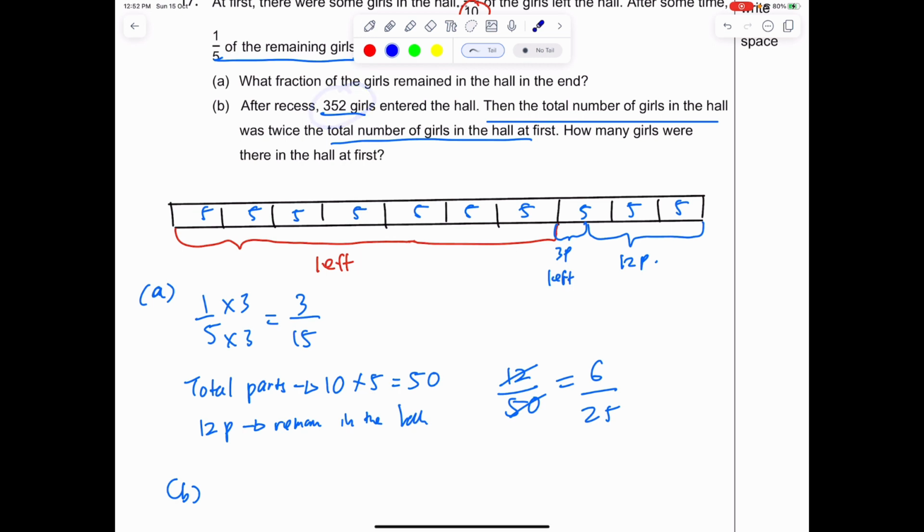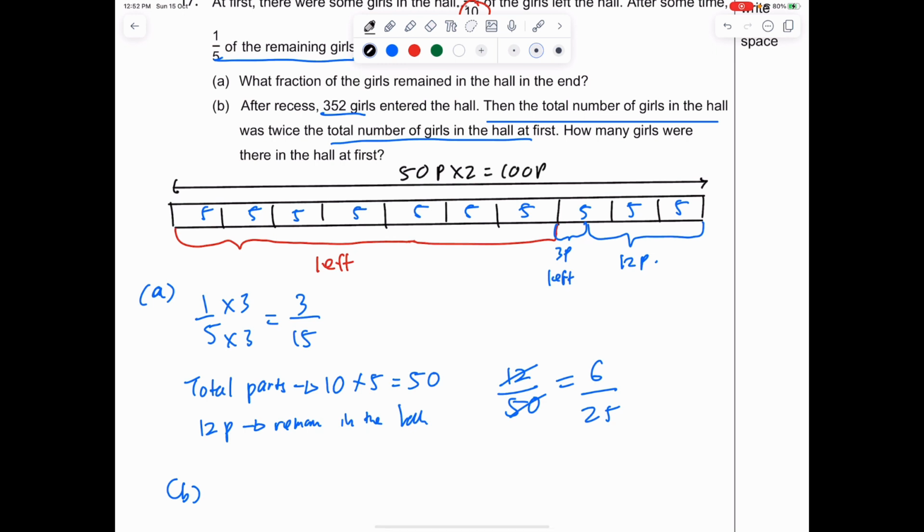it was said that 352 girls entered the hall, right? So what we understand is that this whole entire unit of model is actually 50 parts, correct? Now, if you say 2 times, that would be 100 parts.